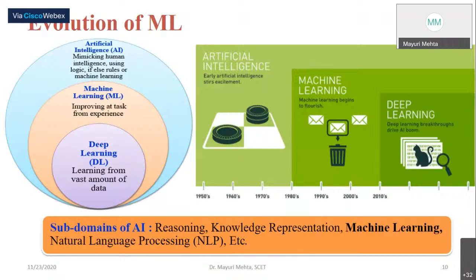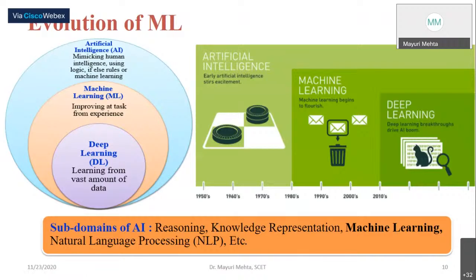Subdomains of AI research include reasoning, knowledge representation, machine learning, natural language processing, etc. Among these, machine learning is one of the most popular and widely used subdomains.